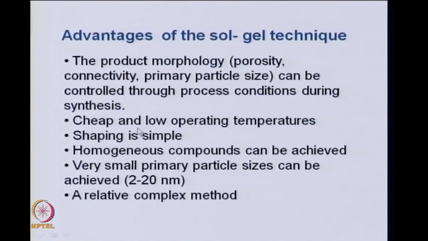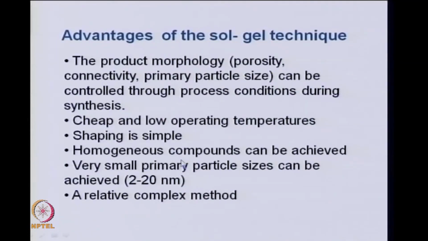The sol gel method is cheap and the temperatures at which you are operating are not very high. Then you can easily shape the material once it is formed as a powder, or you can make a film. Those powders can be compressed and made into monoliths.